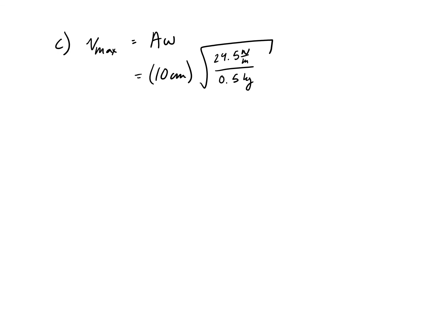So taking this and plugging it in, I ended up getting exactly 70 centimeters per second, or if we wanted to put it in SI units, 0.7 meters per second.